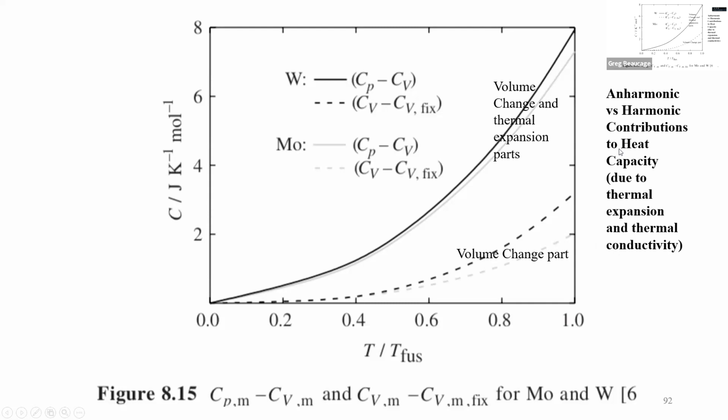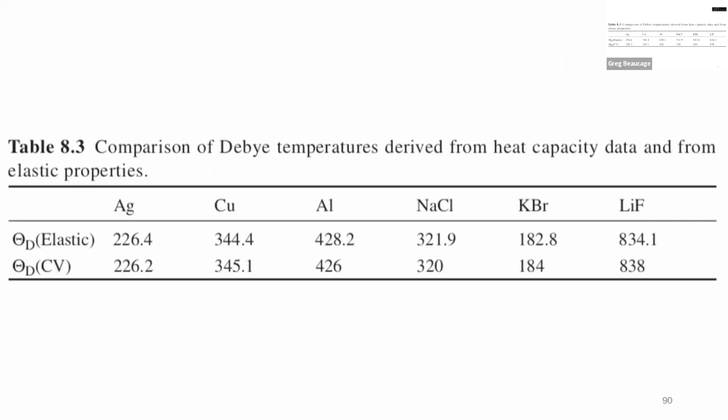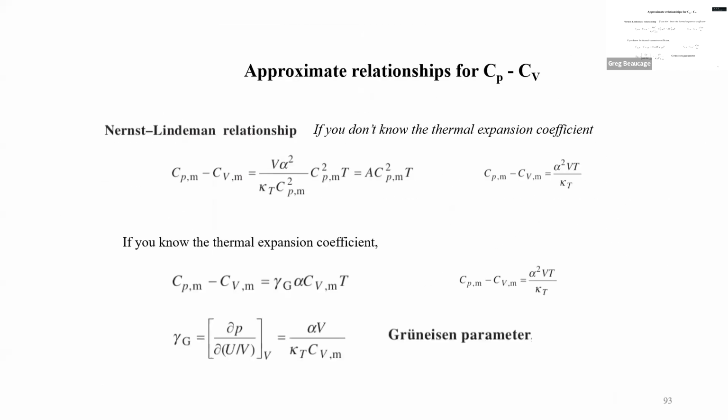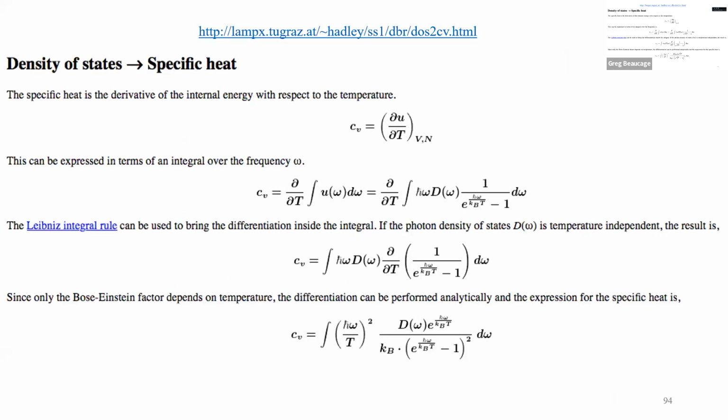There's a plot in the book showing for molybdenum and tungsten how much this anharmonic component contributes to the heat capacity, which seems to be quite a bit near the melting point, I guess. So there's kind of nuances to heat capacity at the end of the chapter.